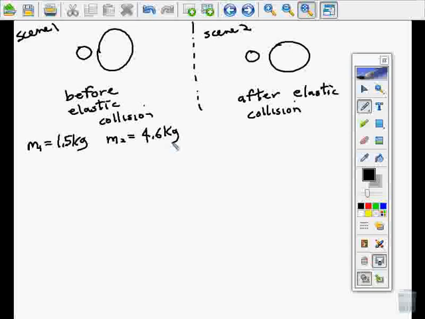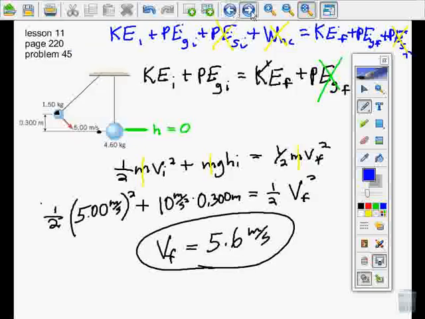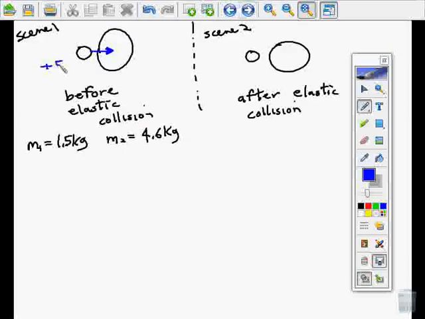And we know how fast the little guy is coming in. How fast is that little guy coming in? 5.6. But the second one, what's its velocity? 0 meters per second because it starts from rest.